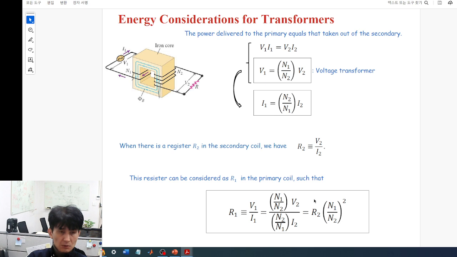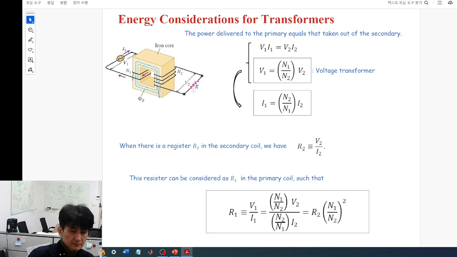So if we have this relation, even though there is an R here, it has this equivalent effect as R1, which is R2 over 4. That's the effect of having R at the secondary coil.